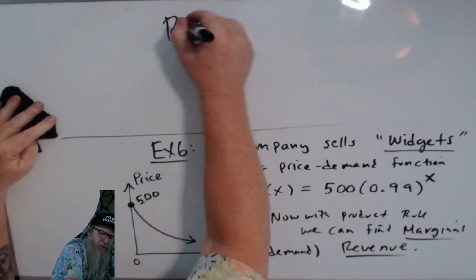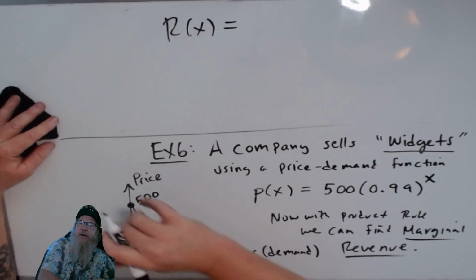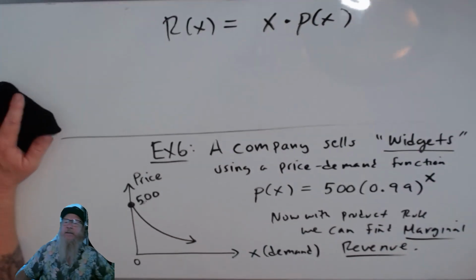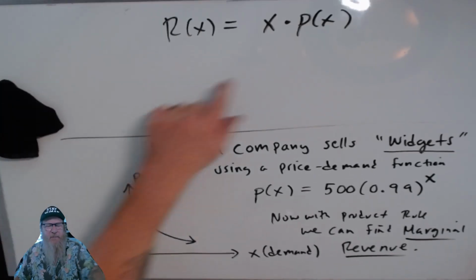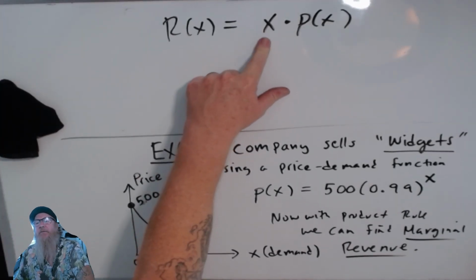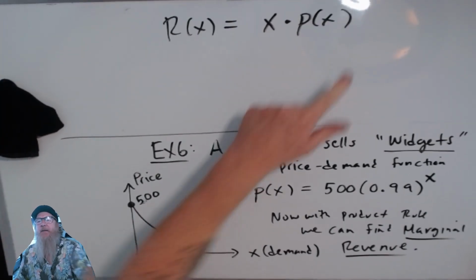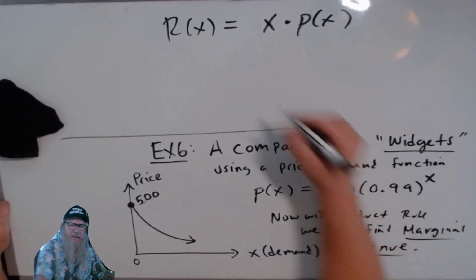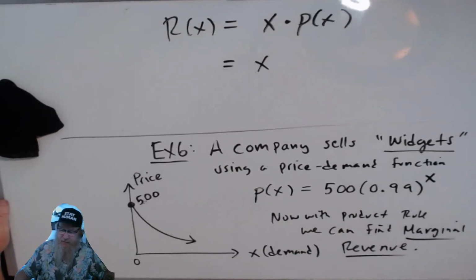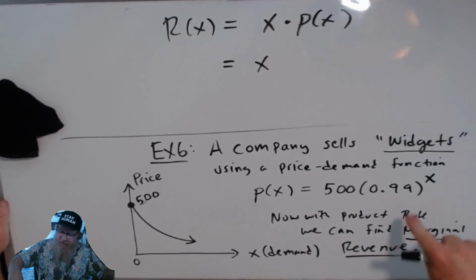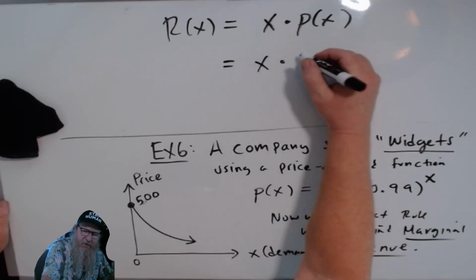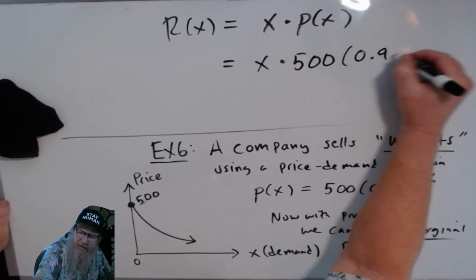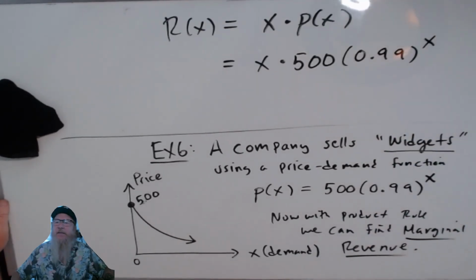Recall, revenue, and I'm not taking a derivative yet, is equal to x times the price demand function. So it's the number of units times the price demand function. That's the formula for revenue. Now we have an exponential price demand function, 500 times 0.99 to the x.